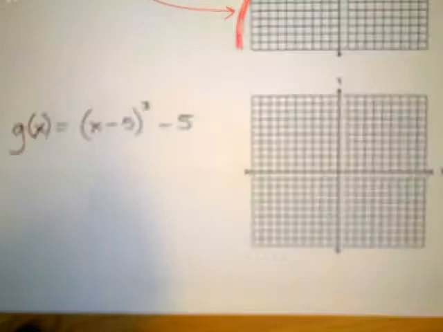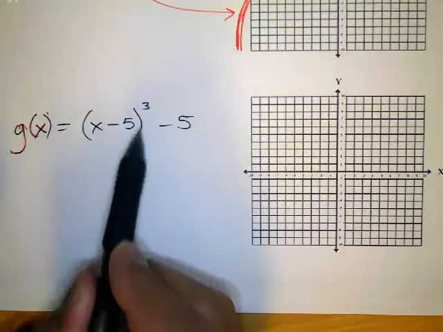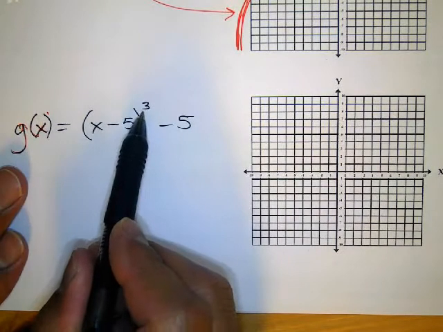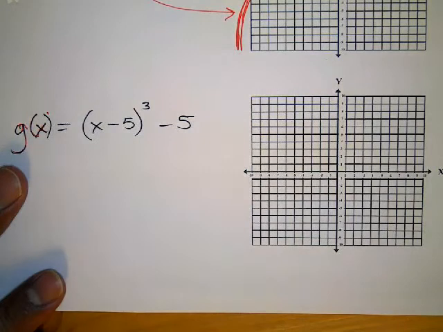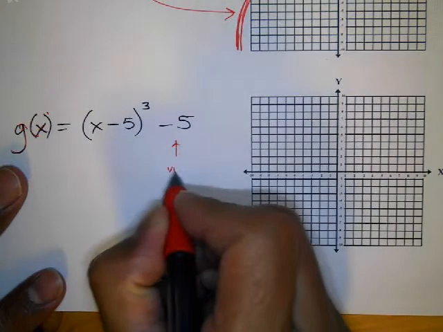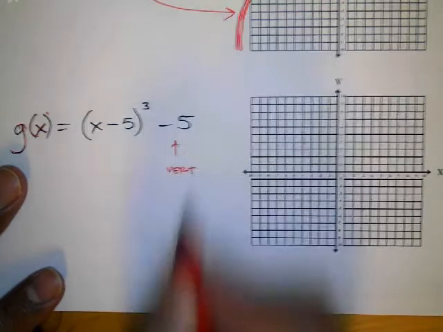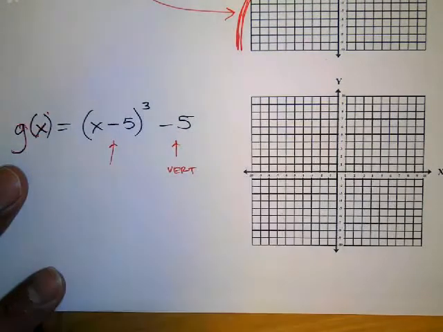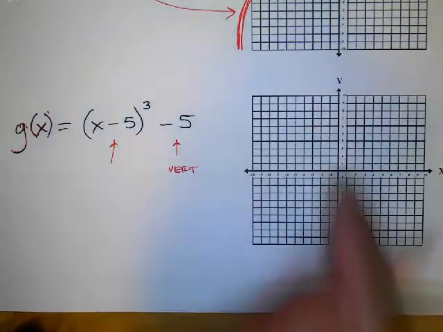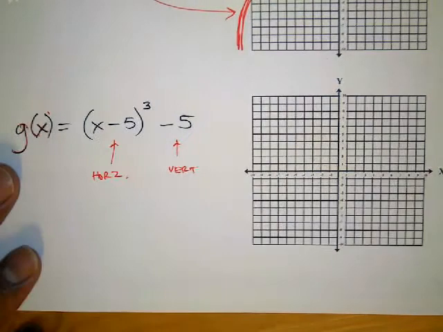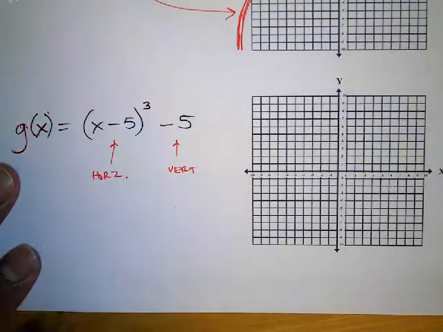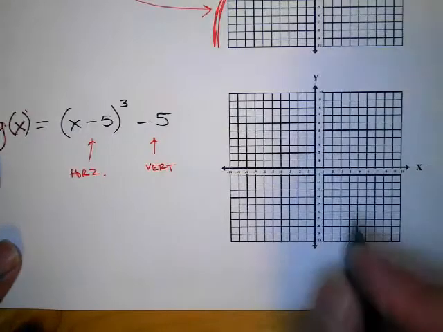Let's go with minus 5. While it's cubic, it's not quadratic, so it's not a parabola. I know that the graph is a cubic function. This is vertical. So I'm going to go down 5, but not first. First I'm going to go, I like to go horizontal, left and right first, right? This is your horizontal, but remember, always the opposite.